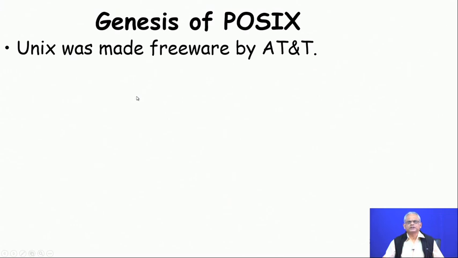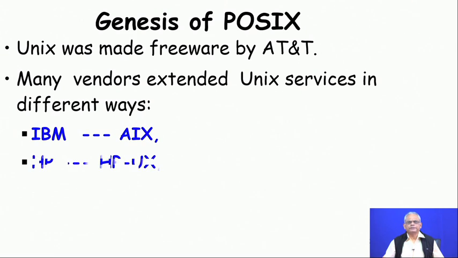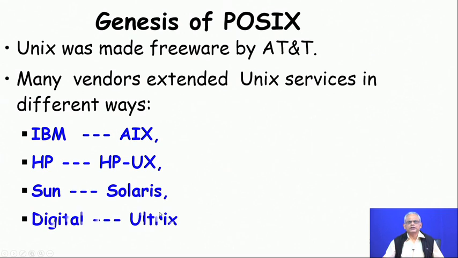Whoever wanted the Unix code, it was distributed by AT&T. Because AT&T was after all a telecom company, and at that point of time it did not have interest in developing an operating system, and those who received it extended it in various ways, IBM into AIX, HP into HPUX, Sun into Solaris, the Digital Corporation into Ultrix, and so on.